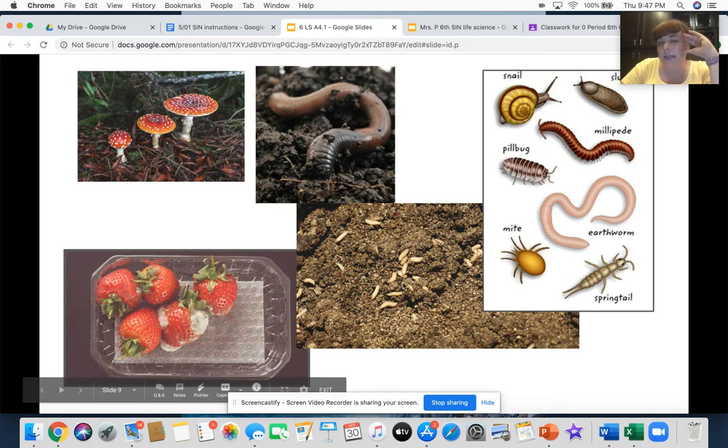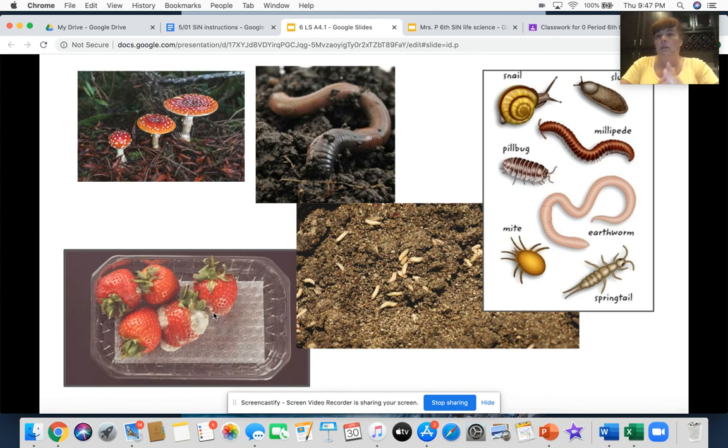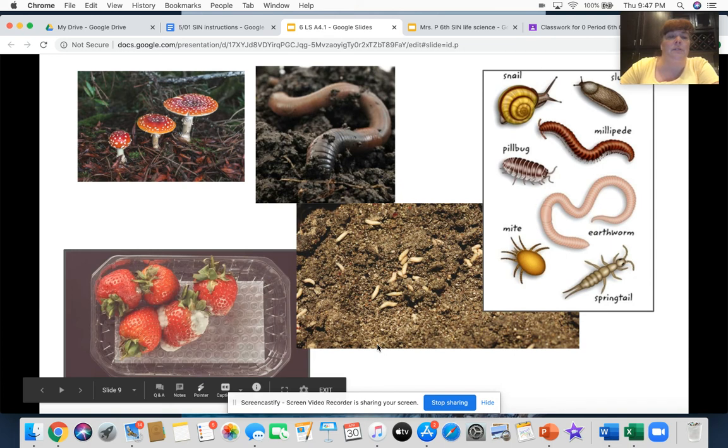These are some maggots that are in a kind of soil. We've got mushrooms, we've got molds and fungi. All of these things break down the dead material back into its basic molecules and parts and elements. This is very important. This is just as important as the producers. Okay, it all works together.